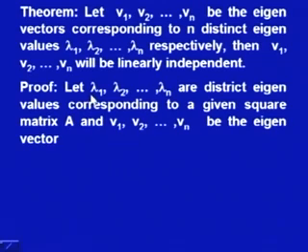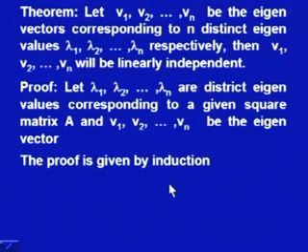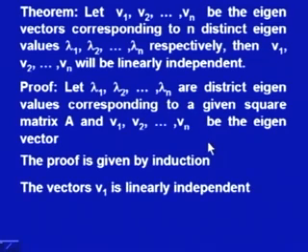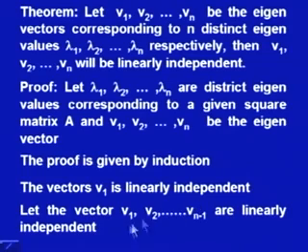Let us say that lambda 1, lambda 2, lambda n are distinct eigenvalues corresponding to a given square matrix A, and V1, V2, Vn are the eigenvectors. Then we can prove this result by induction. We start with V1 as an eigenvector corresponding to lambda 1, so only one vector, so it is always linearly independent.